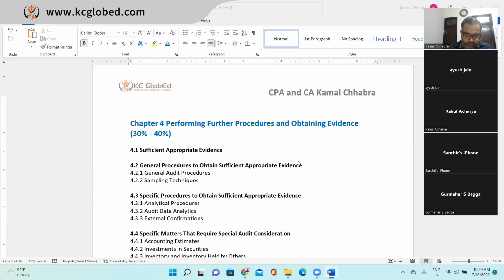The accountants, the prior auditor, employees, department heads. What else? External parties like legal counsels, actuarial specialists.